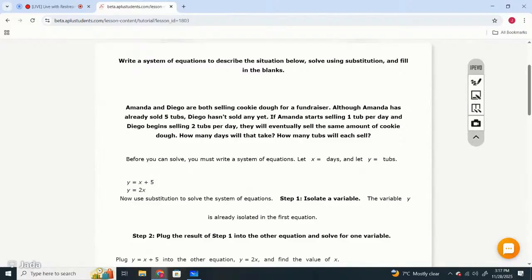Amanda and Diego are both selling cookie dough.